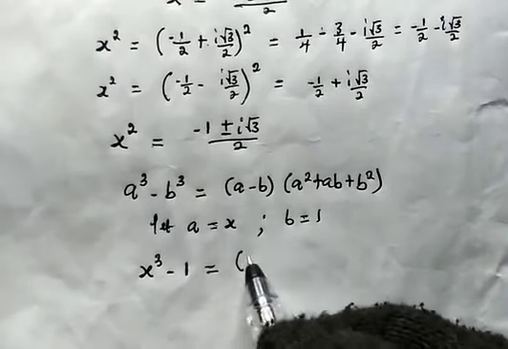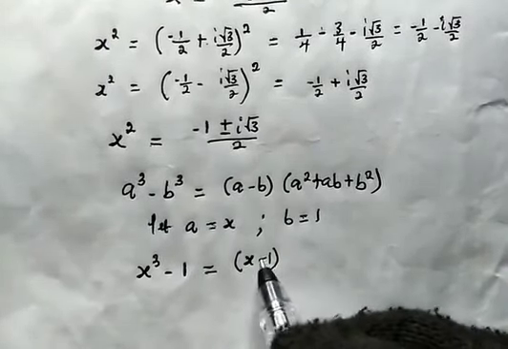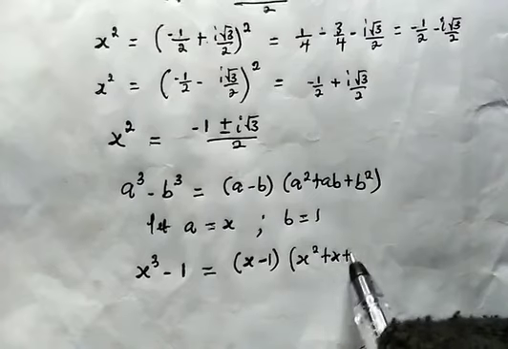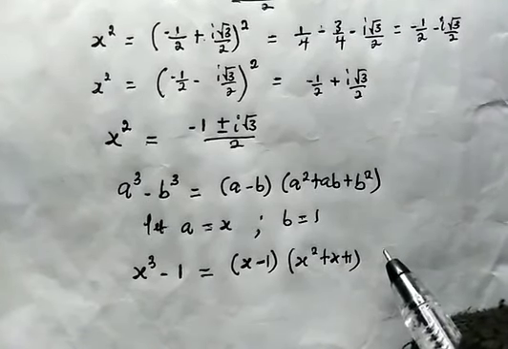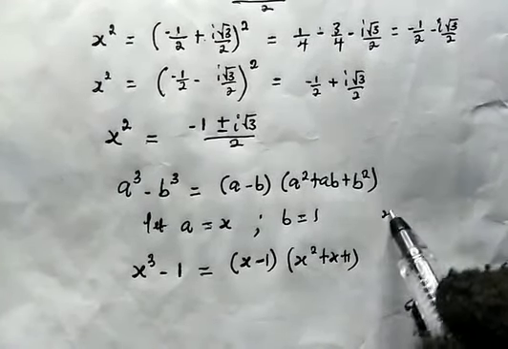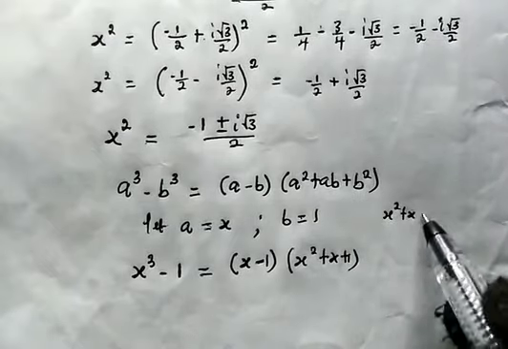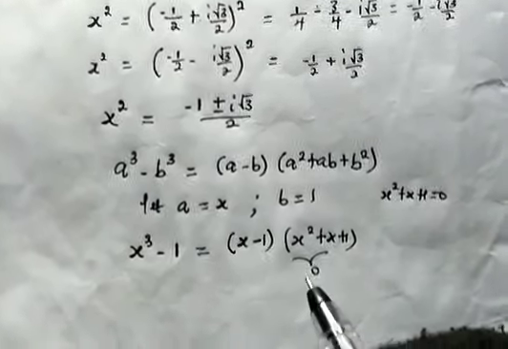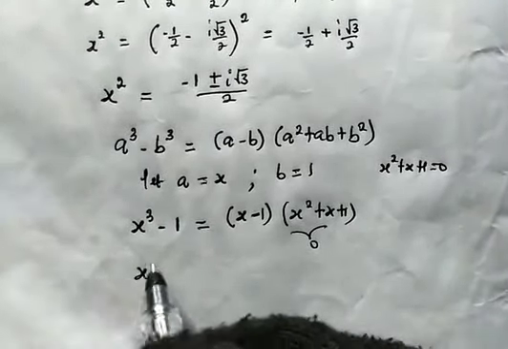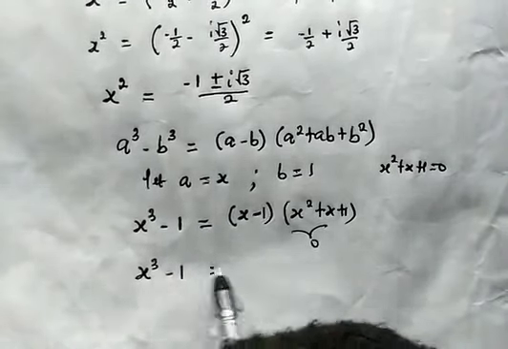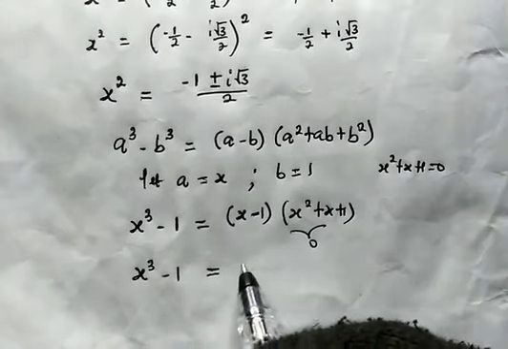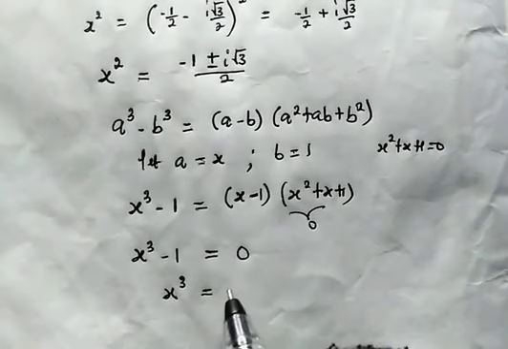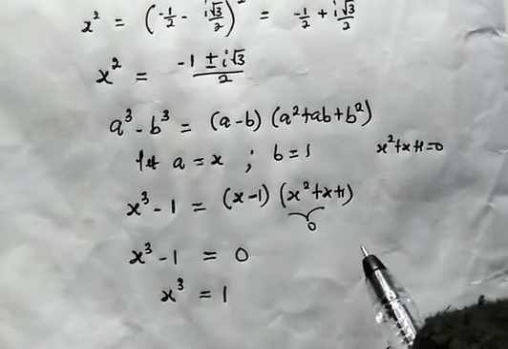This is equal to x minus 1 multiplied by x squared plus x plus 1. And recall from the original equation that x squared plus x plus 1 is equal to 0, so here we replace it with 0. So we have x cubed minus 1 equal to 0 times x minus 1, which is 0. So from here we have x cubed is equal to 1.